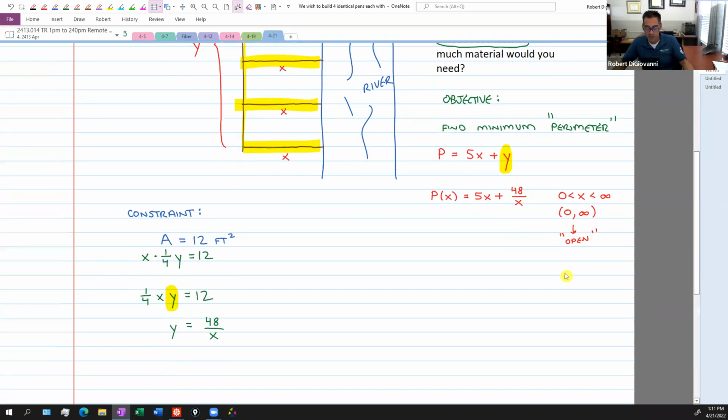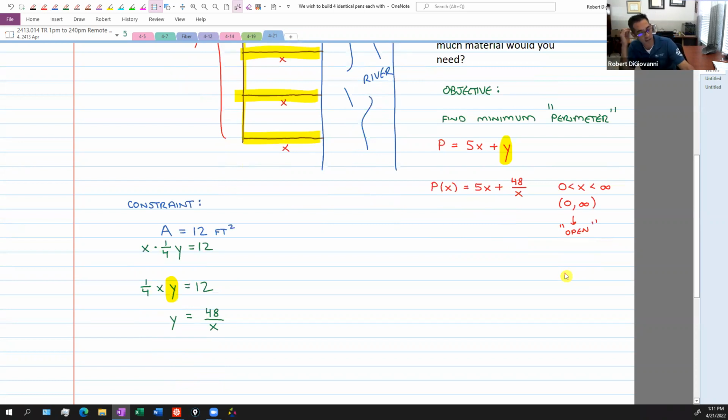So let's go for this. Let's take the derivative. So we find the derivative of this function. So that was work on the side. My derivative is going to be 5 minus 48 over x squared. This is similar to a problem we did last time.